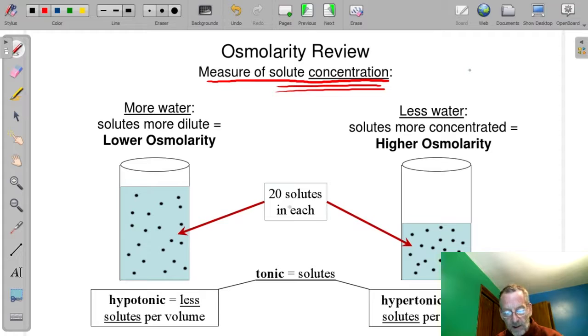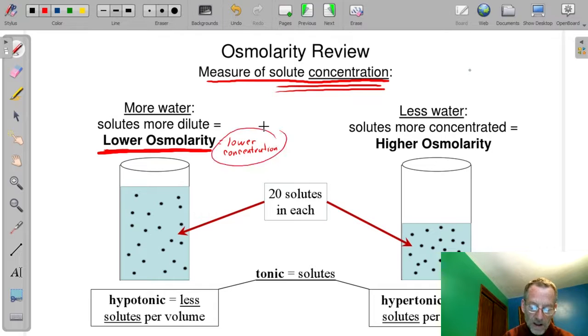We still have 20 solutes in each, but there's more water, so they're more dilute, and this has a lower osmolarity, lower concentration of solutes per volume.